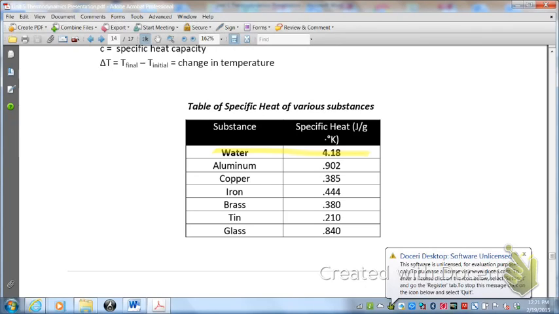Alright, so that is specific heat. Feel free to rewatch this video again, take good notes, and the two things that you really should memorize are the specific heat of water and the equation in order to calculate the amount of heat transferred. Alright, so that's it for right now.